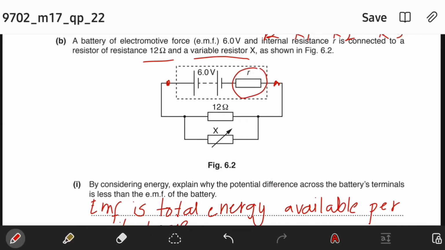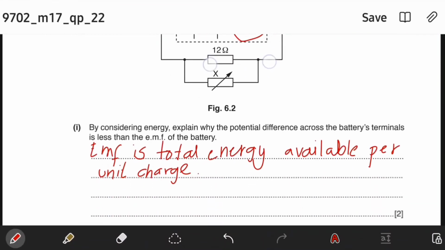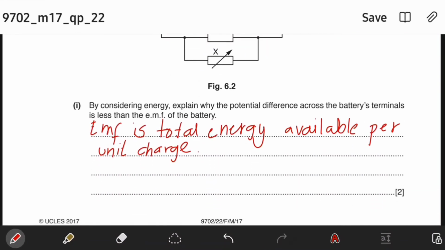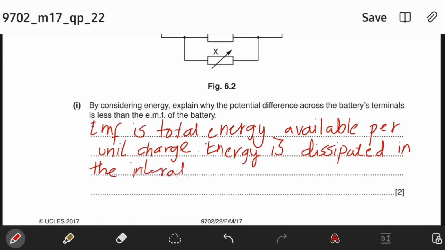So there must be some work done to move the charge, and hence there must be some lost volts, right? So energy is dissipated in the internal resistance of the battery.